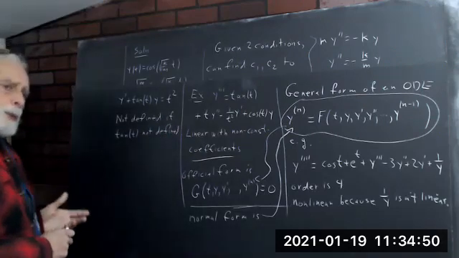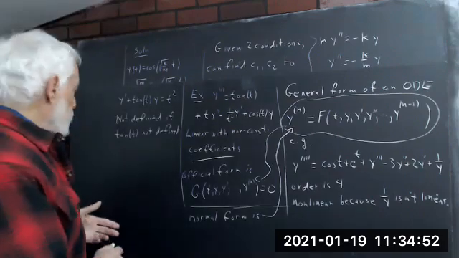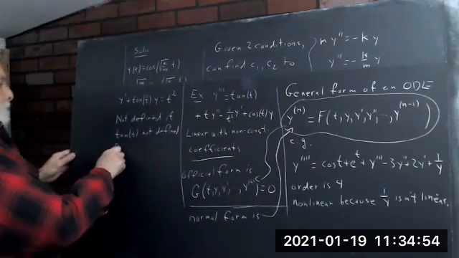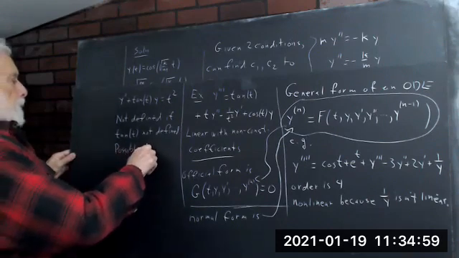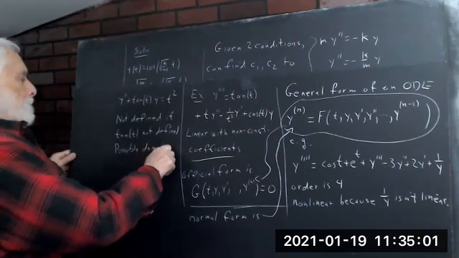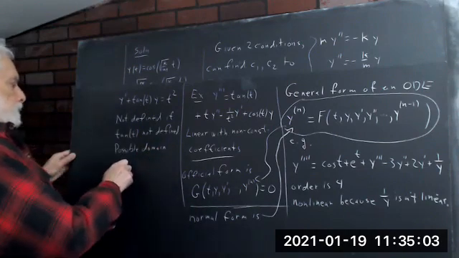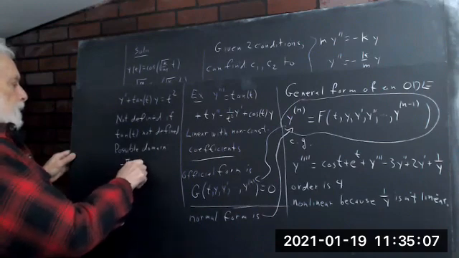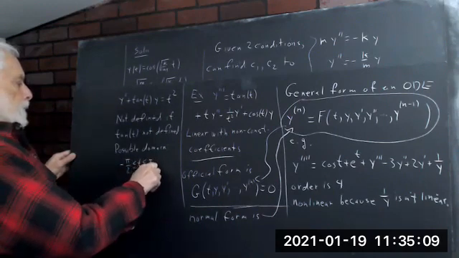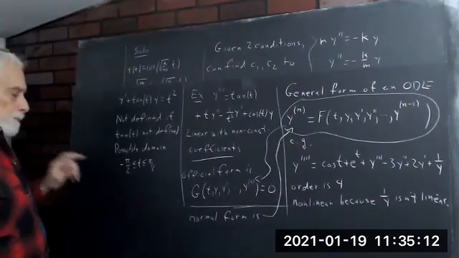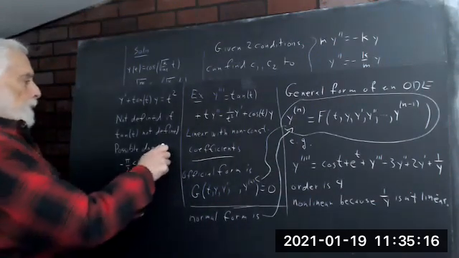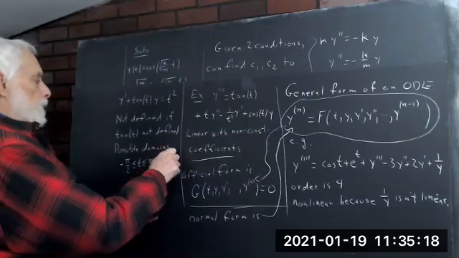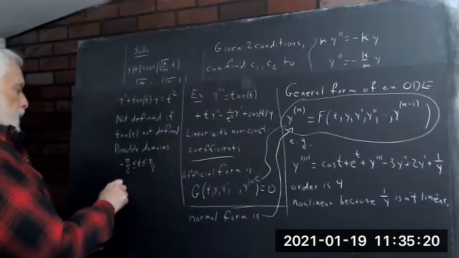So your possible domain of definition might be the interval from negative pi over 2 to pi over 2.